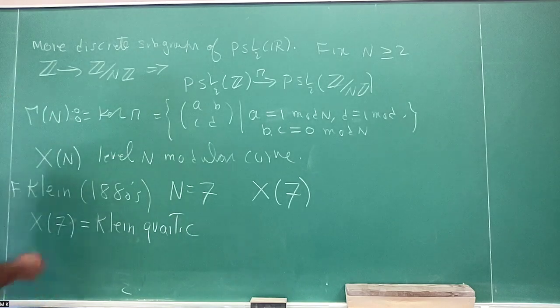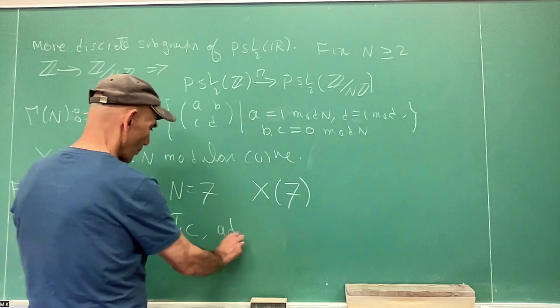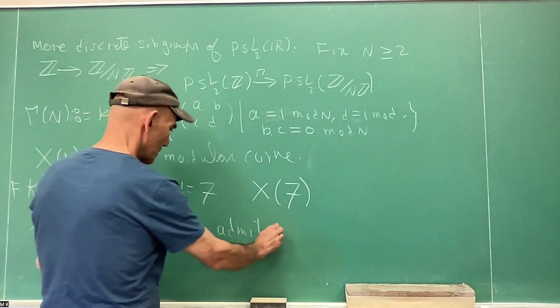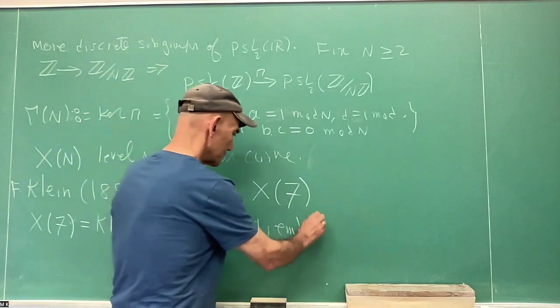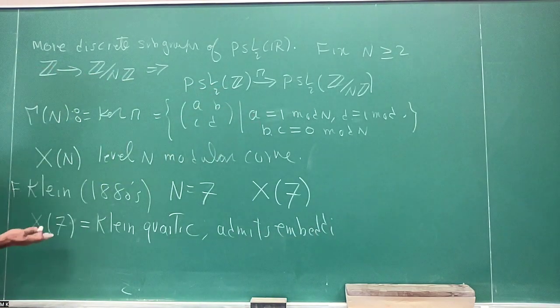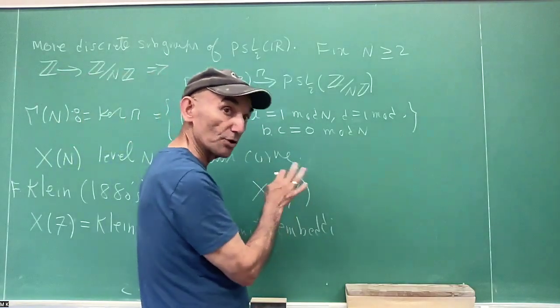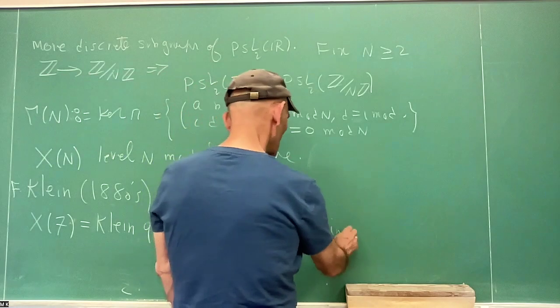He showed that this admits an embedding into the projective plane. This is abstractly defined as a quotient of the upper half plane, but you can embed it into P2(C), actually, not P3. P3 is not needed even.